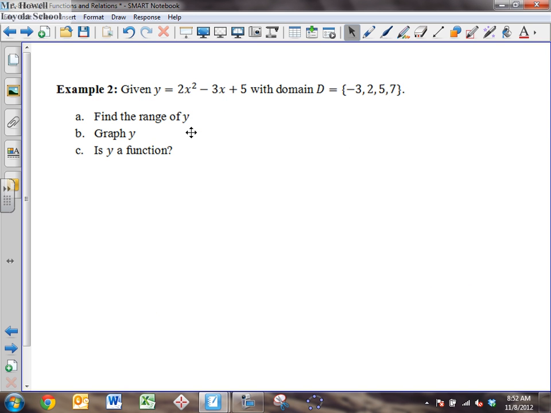Relatively easy enough. Let's look at the next one. Take a minute to write it down, please. Given y equals 2x squared minus 3x plus 5 with a given domain. So now we have the x values. We're given the domain or the independent variables. Find those three things.